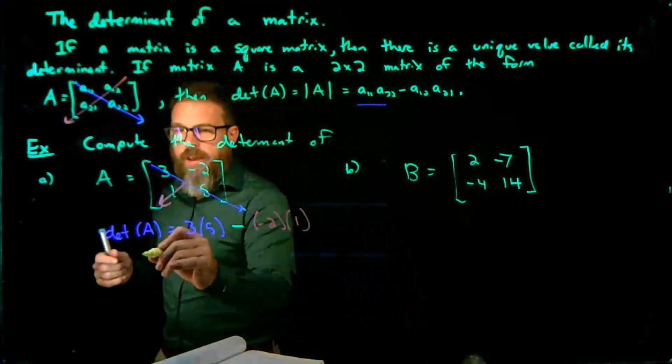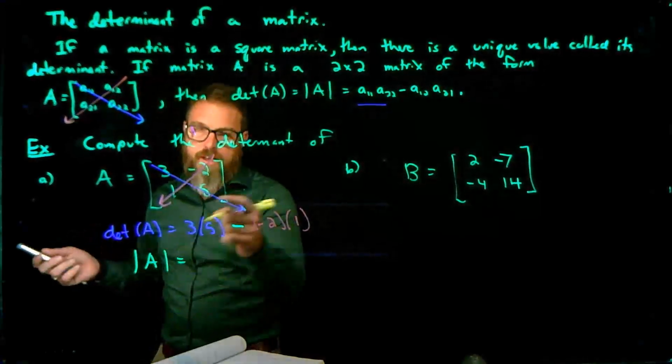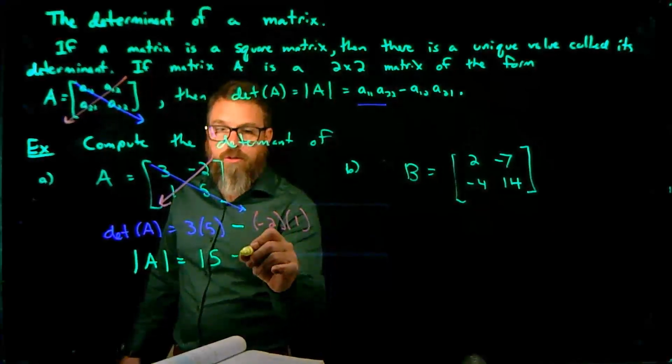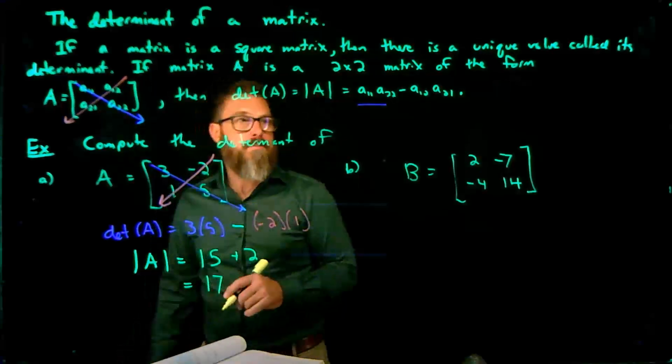The determinant of A, or I can say the absolute value of A if we want to write it that way, has that same notation. So this is going to be 15 minus a minus 2, so 15 plus 2. So the determinant of A is going to be equal to 17.